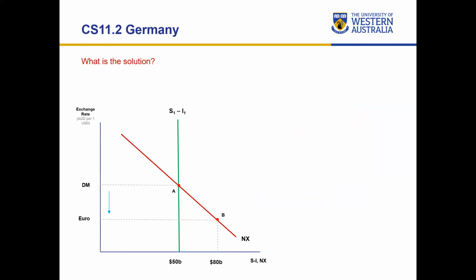So what's the solution? Well, the solution is to close this gap. The gap between that point and that point. Now, one way of doing that, eliminating this gap, well, first of all, you can't manipulate the euro. You can't look at this diagram and say, well, you could close that gap by pushing the euro up to the level of the Deutschmark.